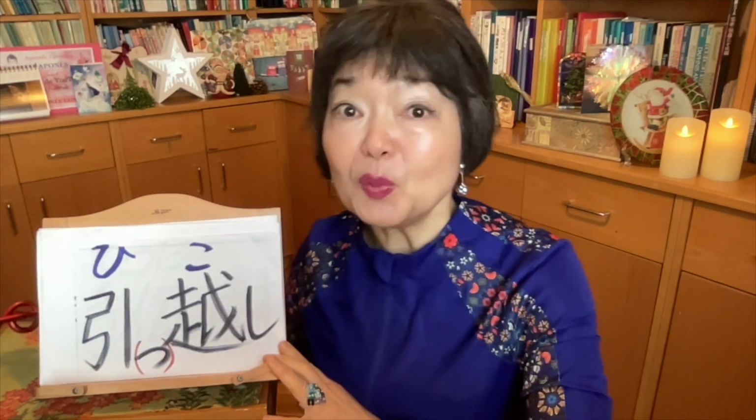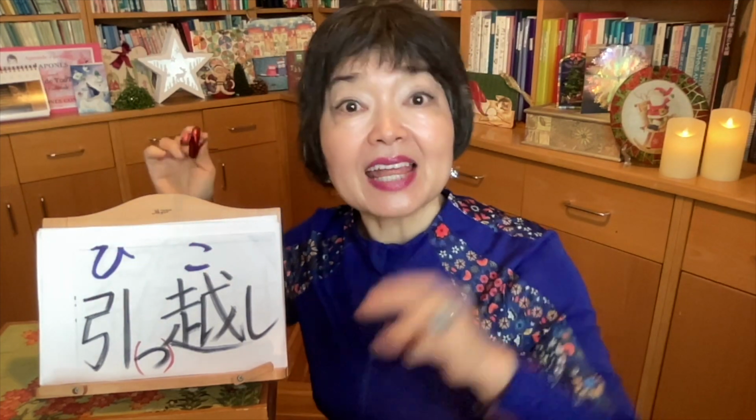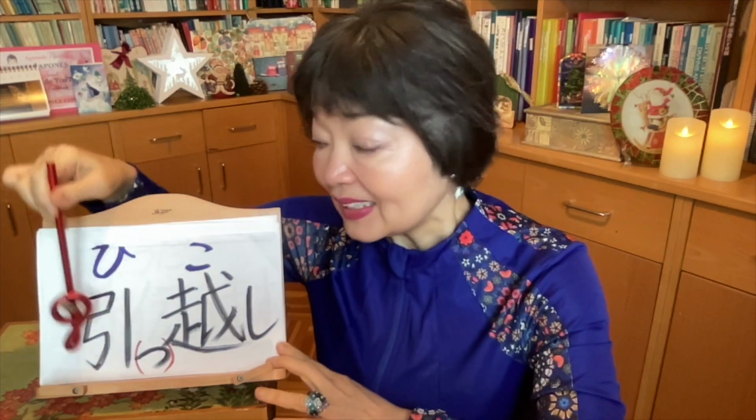The word for moving house, we say 引っ越し with two small tsu, with the jump sound, 引っ越し. But when we use kanji, there are three ways to write. The first, hi and small tsu and ko and shi, 引っ越し, so 4 letters.